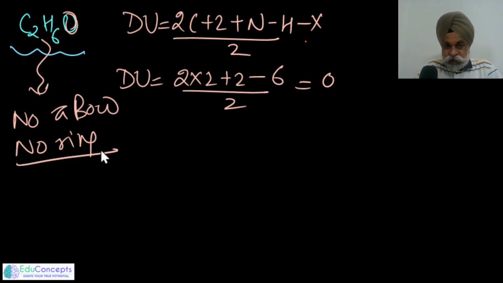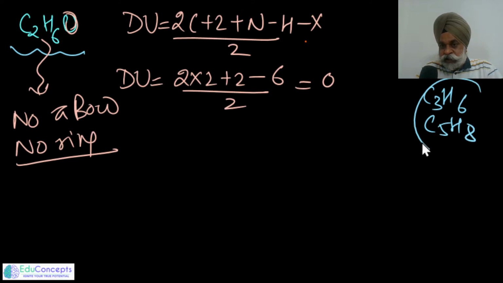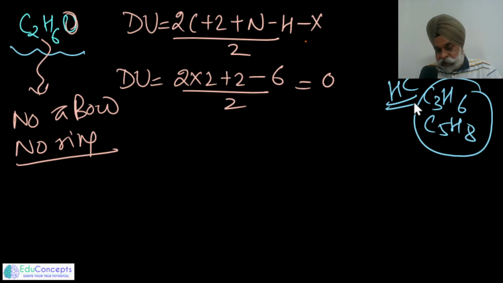Now, unlike the previous two examples where I talked about C3H6 or C5H8, which were hydrocarbons, and hydrocarbons can be classified into alkane, alkene, alkyne, or cycloalkane, cycloalkenes, bicyclo, spiro, something like that, this is the first time I am picking up a heteroatom.